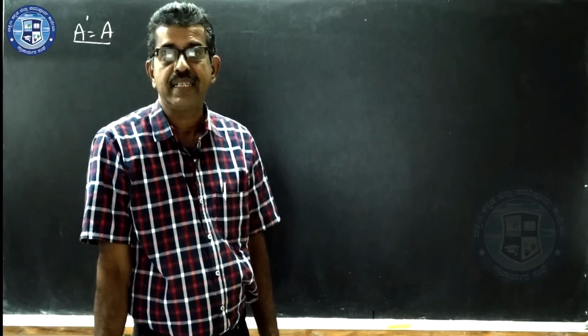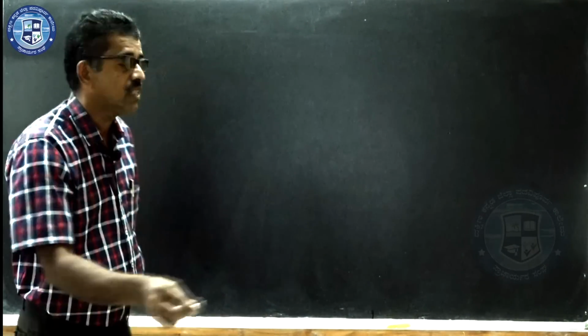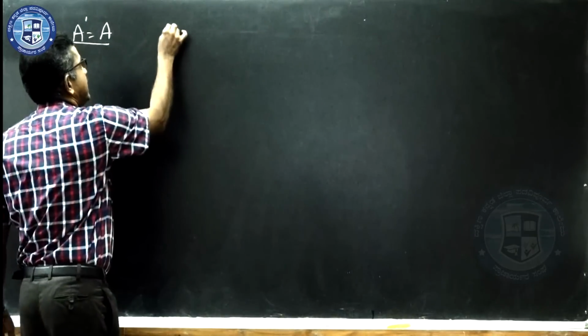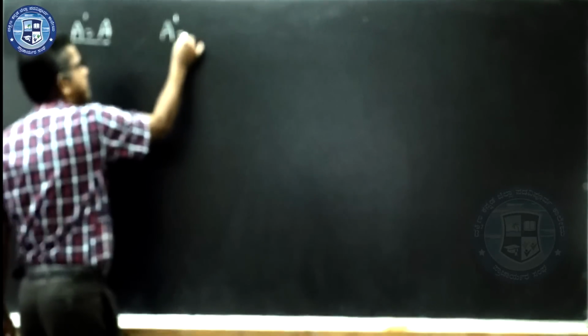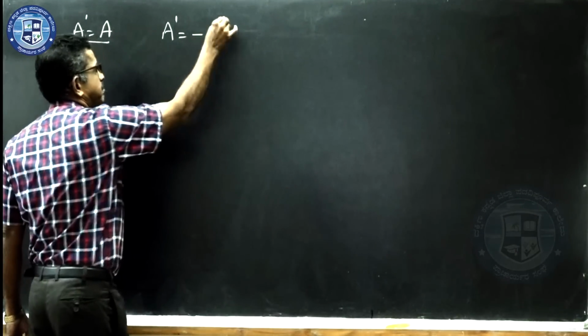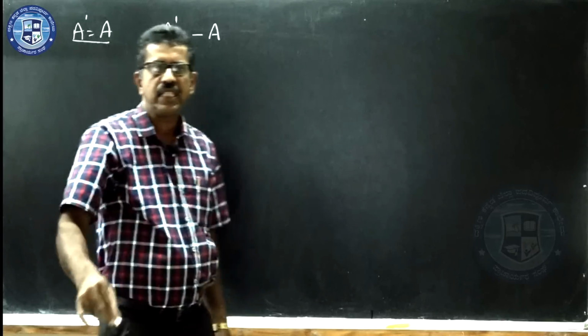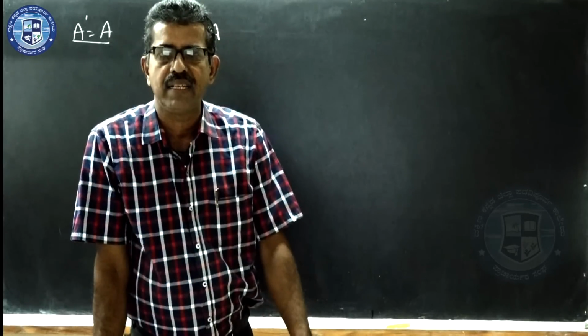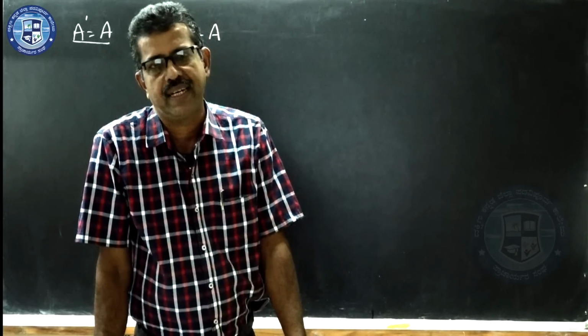The matrix is skew symmetric if it satisfies the condition A dash, the transpose of the matrix, is minus A.